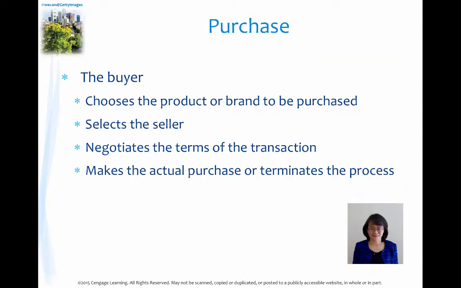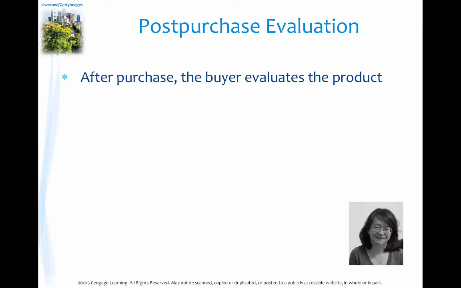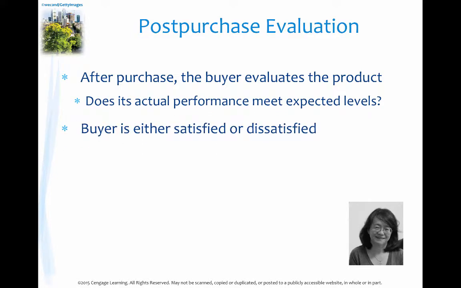In the purchase stage, consumers select products or brands on the basis of results from the evaluation stage and on other dimensions. Buyers also choose the seller from whom they will purchase the product. After the purchase, buyers evaluate the product to determine if actual performance meets expected levels.